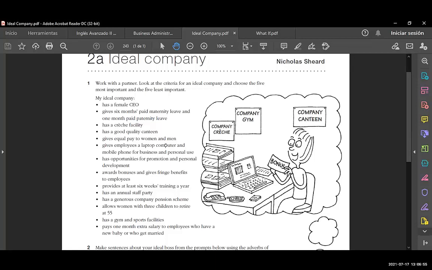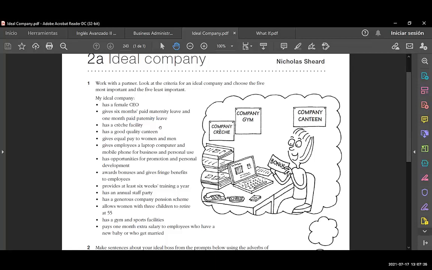Yes or no? You can say no if you want. About only according to this list. Yes, choose 5 from the list, the 5 most important aspects for an ideal company, and then in another place of your notebook, choose 5 from this list that are less important for you. Okay?